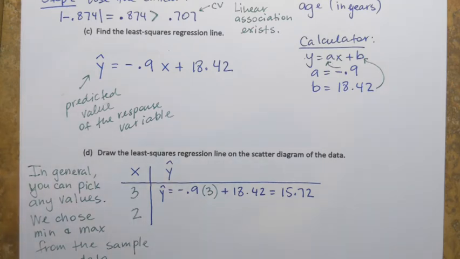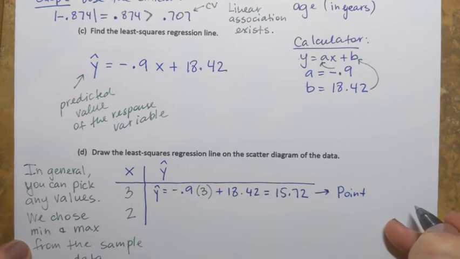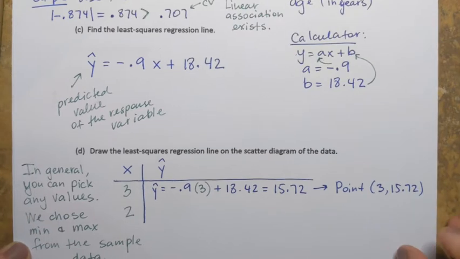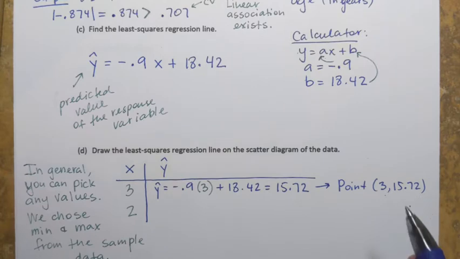And those two together make a point. That point has coordinates 3 and 15.72, which we'll round to approximate it when we plot it. And that point we'll plot in a minute.